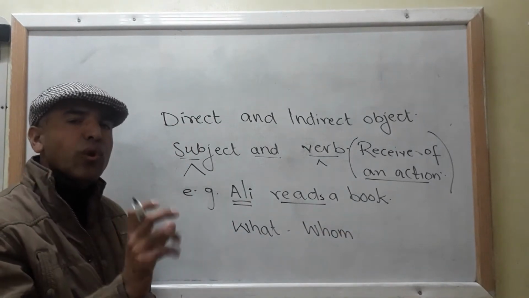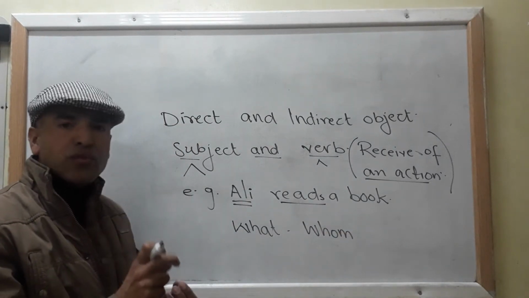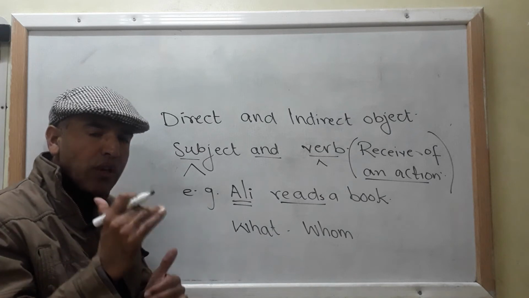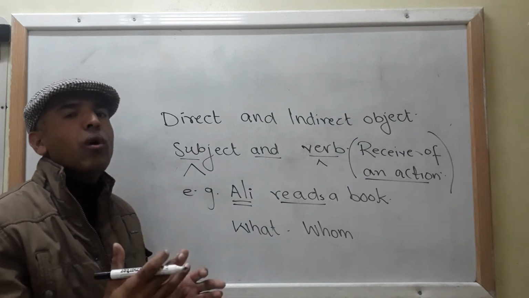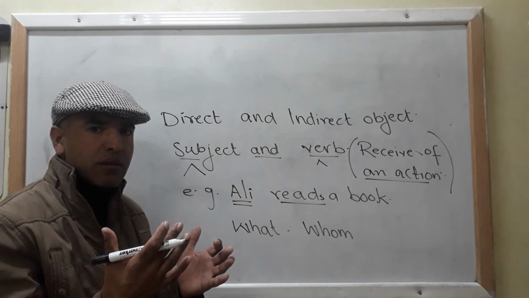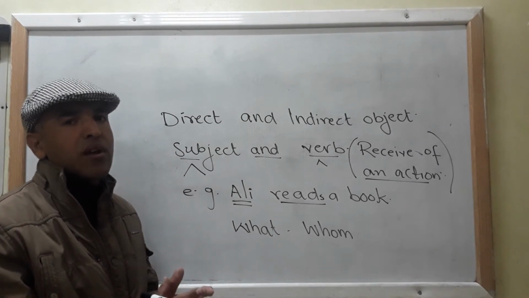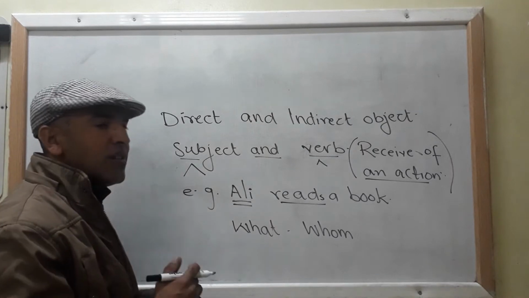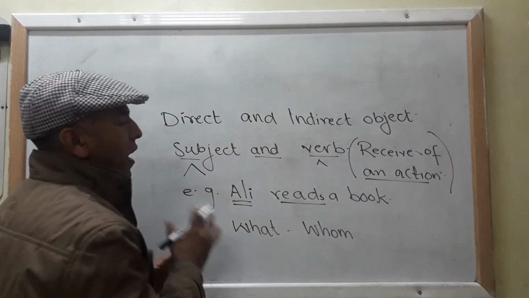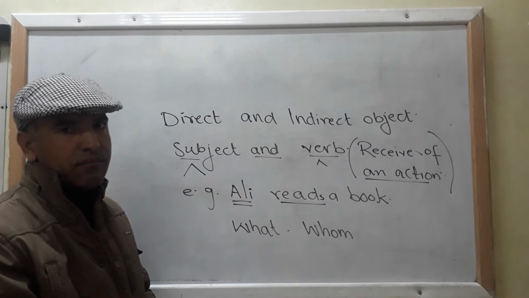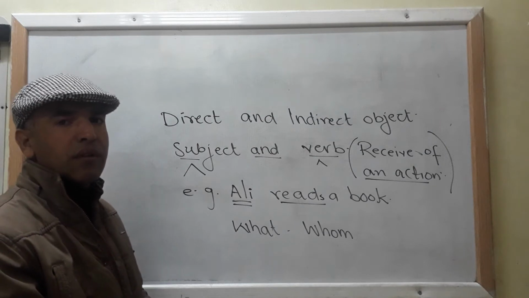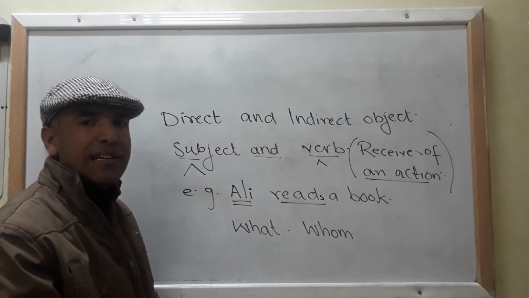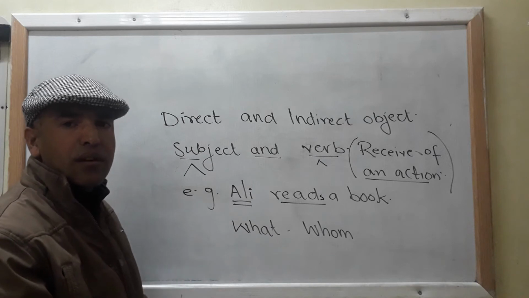in order to spot out where your object is and what your object is in a sentence. You will have to simply ask a question to yourselves: what or whom. Now look, Ali reads. Now you can ask yourselves what Ali reads, or what does Ali read? Clear?